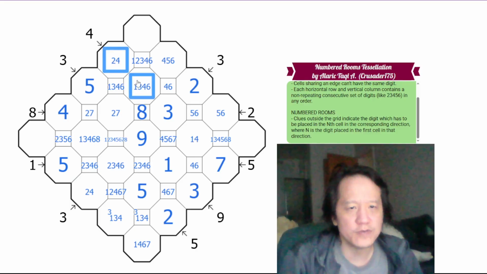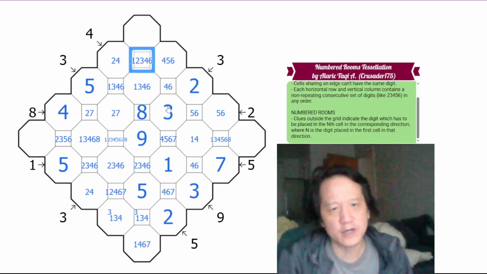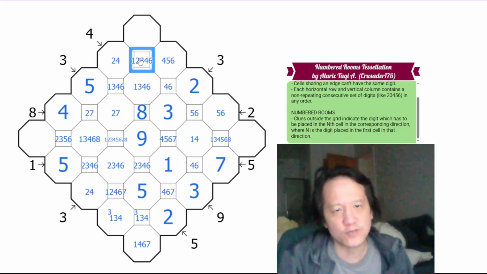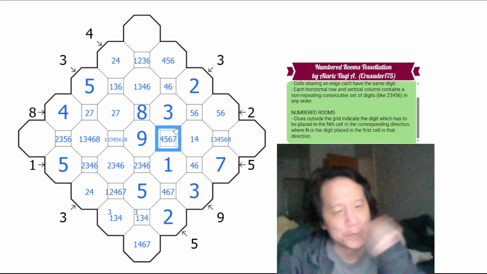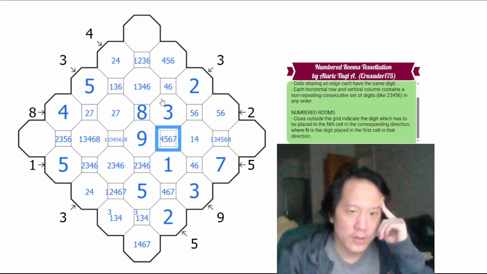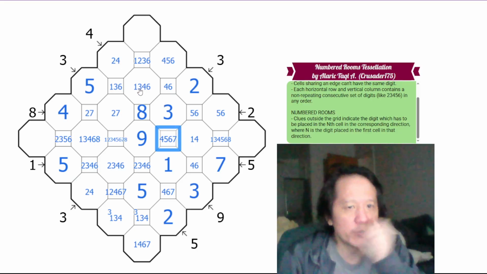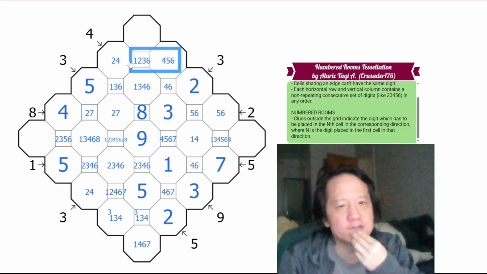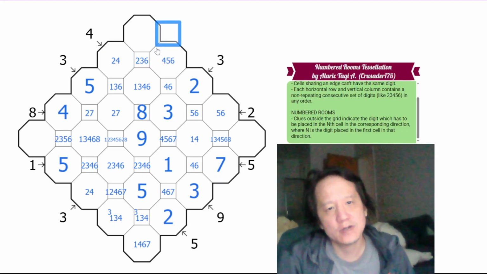That means one of these is a 4. If this is 2, that means 4 has to be here. So 4 cannot be here. If this is 4, obviously 4 can't be here. So 4 cannot be either of these spots. So this cannot be 1, 2, and 3.